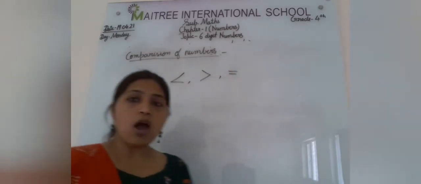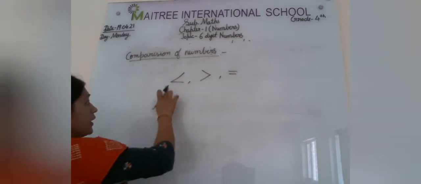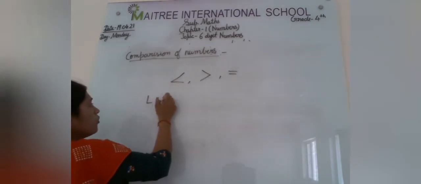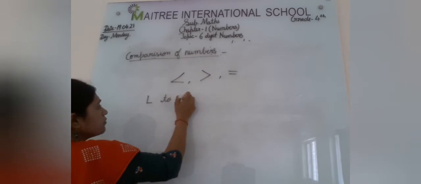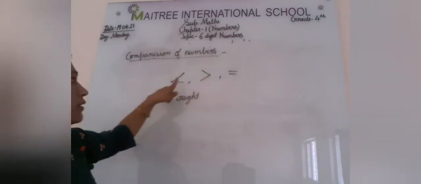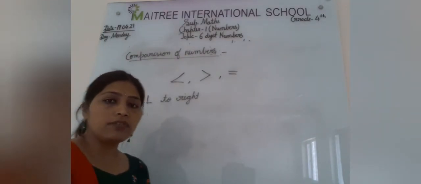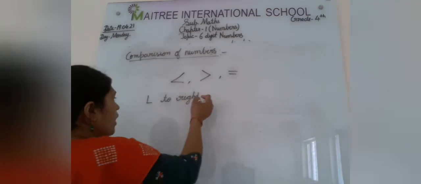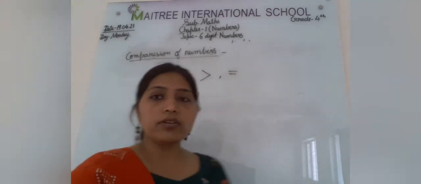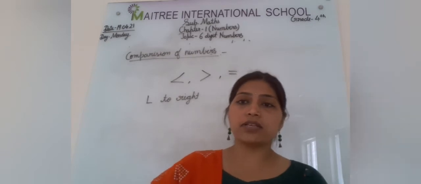Okay. First, I will tell you how to read these symbols. We'll read these symbols from left to right. How do you know that it's a greater than or a less than? We always read the symbol from left to right. A few students are still confused about which is the left side and which is the right side.